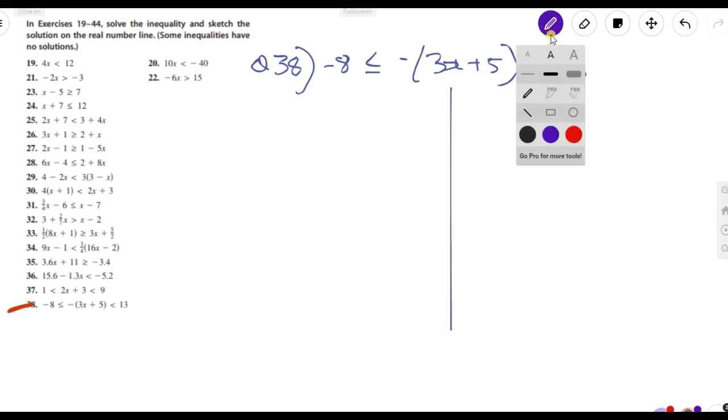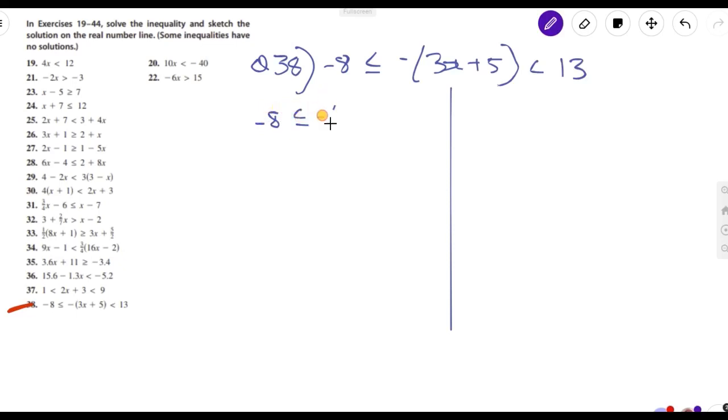The first one is -8 is less than or equal to -3x plus 5. That's what you're going to solve. And then -3x plus 5 is less than 13. That's it.